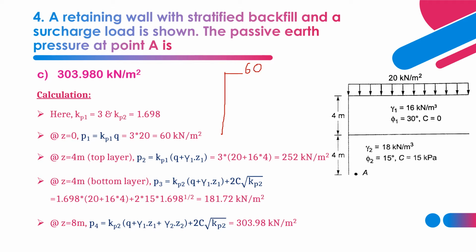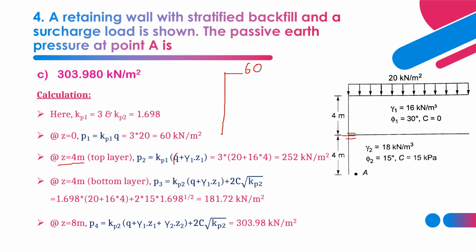at the top of the layer. And at 4 meter, that is at the middle of the layer, we have to consider just above the middle and just below the middle, because there is a stratification occurring. So at z is equal to 4 meter, just above that layer, that is the top layer, what is the pressure? So P2 is equal to Kp1 into Q plus gamma1 into Z1.